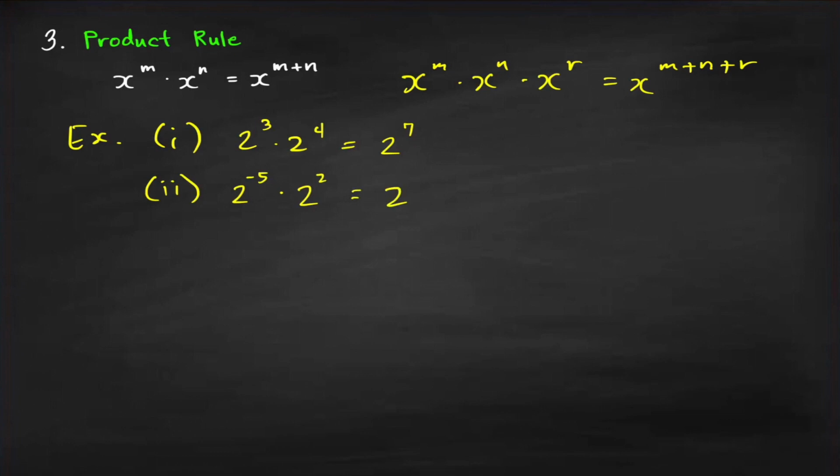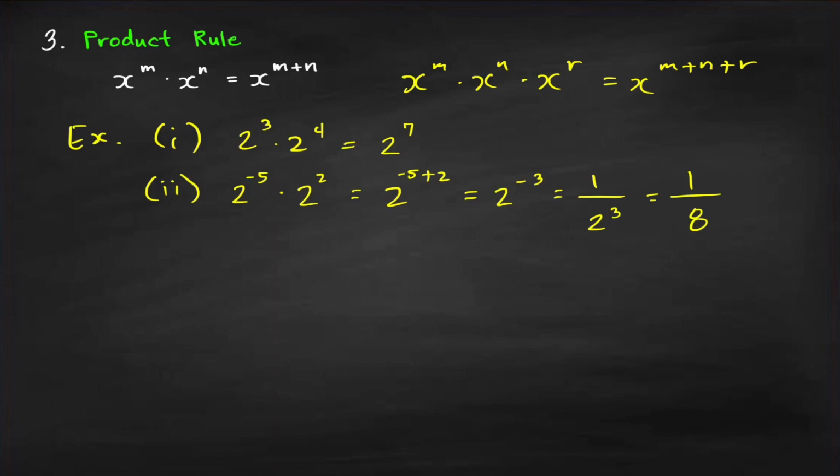So this is just 2 raised to negative 5 plus 2, which is equal to 2 raised to negative 3, which is, of course, equal to 1 over 2 cubed. And 2 cubed means multiplying 3 copies of 2, so that is 1 over 2 times 2 times 2, which is equal to 8. So this is equal to 1 over 8.